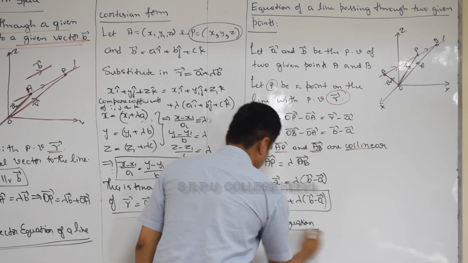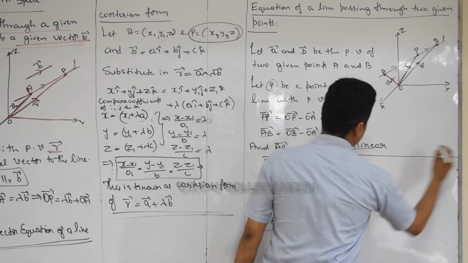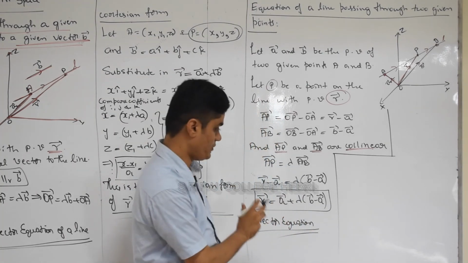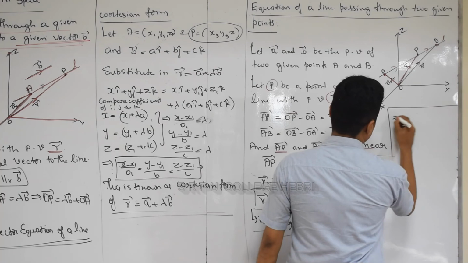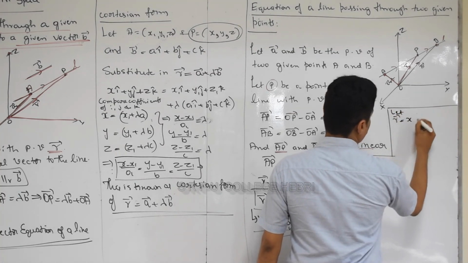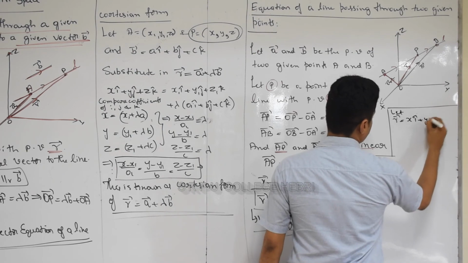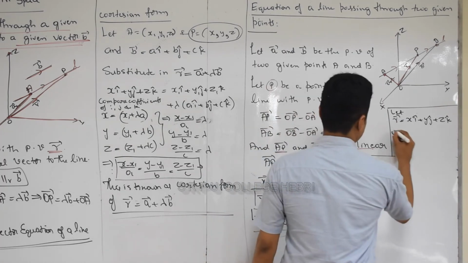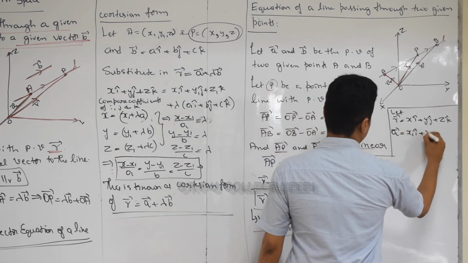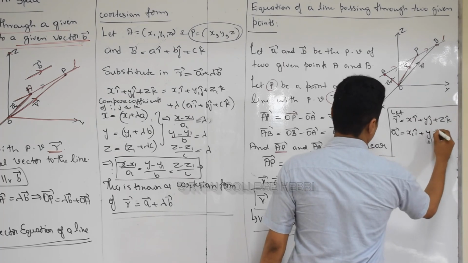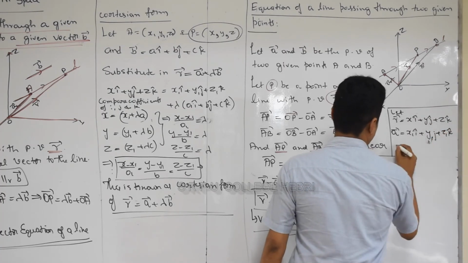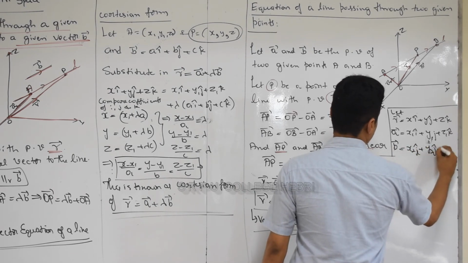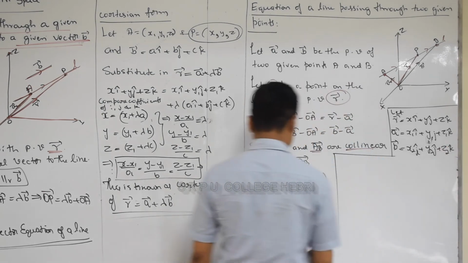I am giving you one homework: derive the Cartesian form of this. For that I will give you some help. Take vector r = xi + yj + zk, vector a = x1i + y1j + z1k, and vector b = x2i + y2j + z2k, with λ as it is.